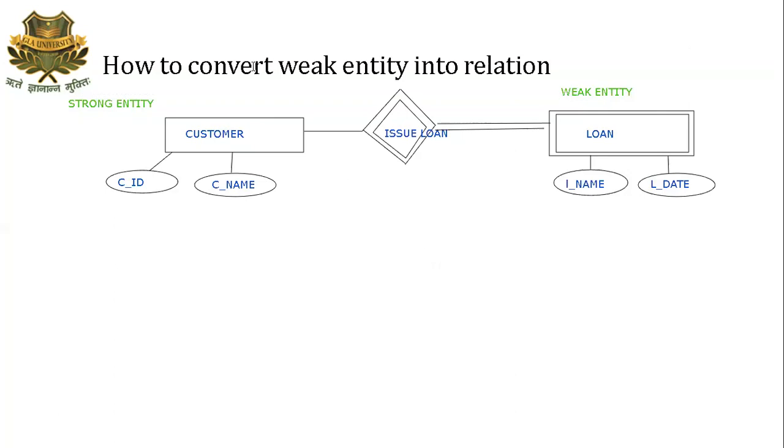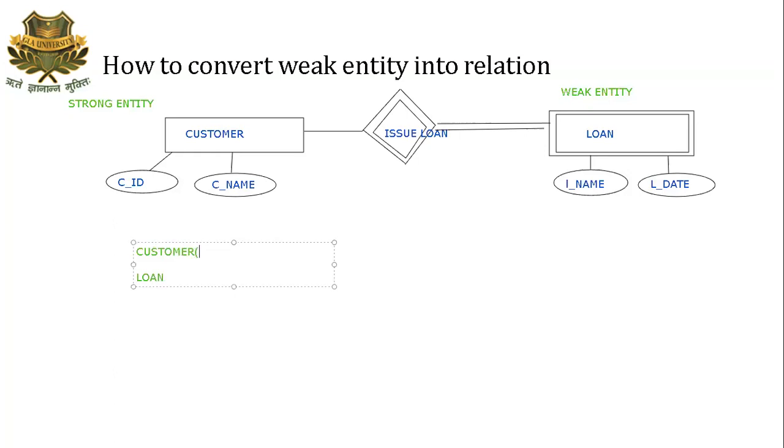So first, write the names of the entities. The name of the entity over here is customer, and the name of the other entity is loan, right? Now the question arises, which attributes should I take in customer?